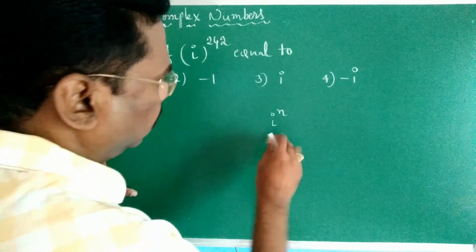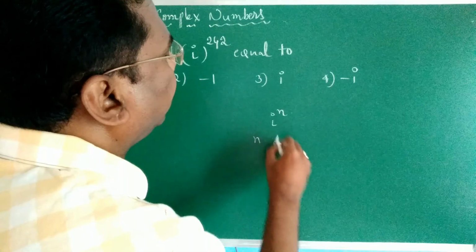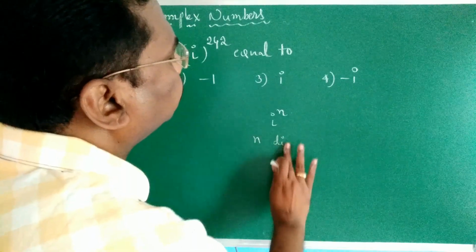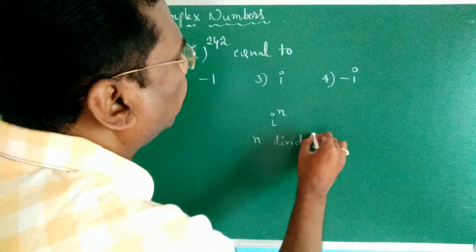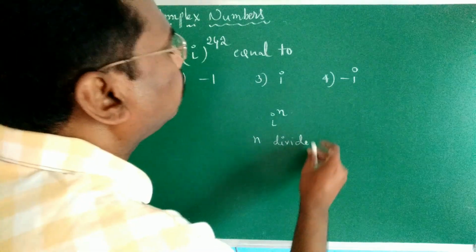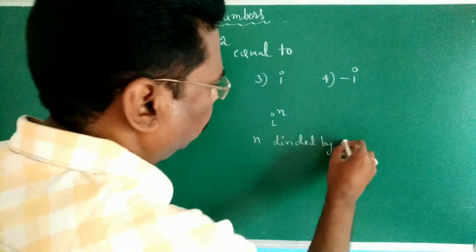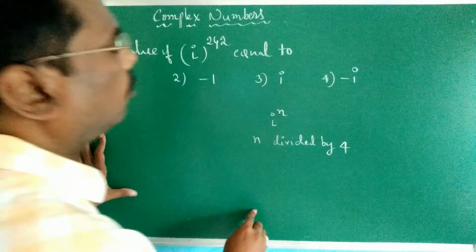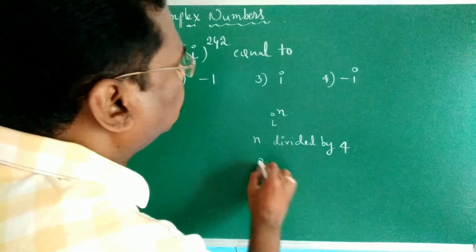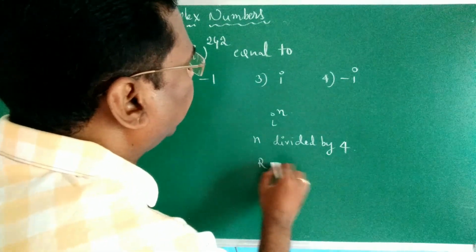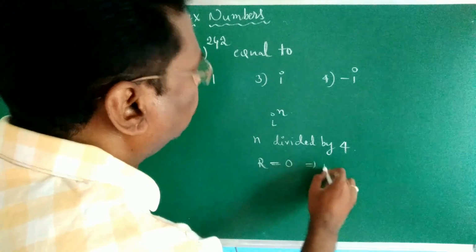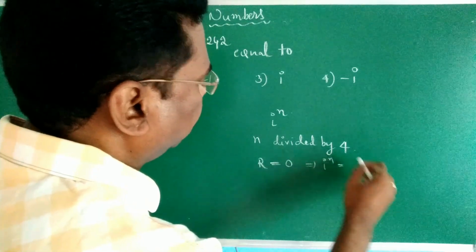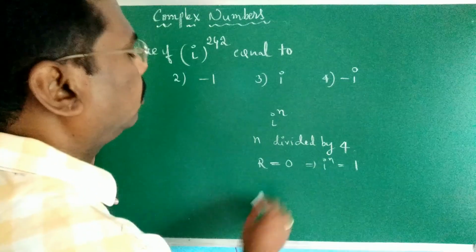First, divide n by 4. If the remainder is 0, then i power n is equal to 1.